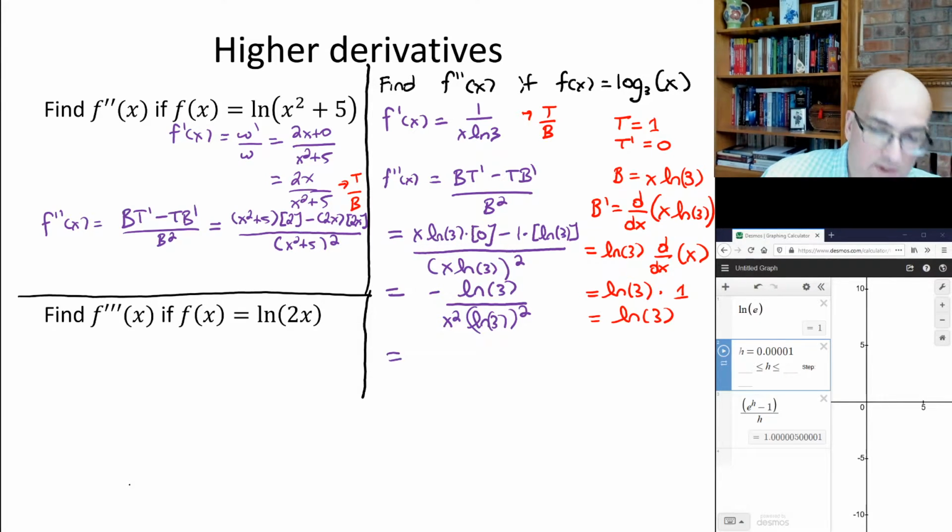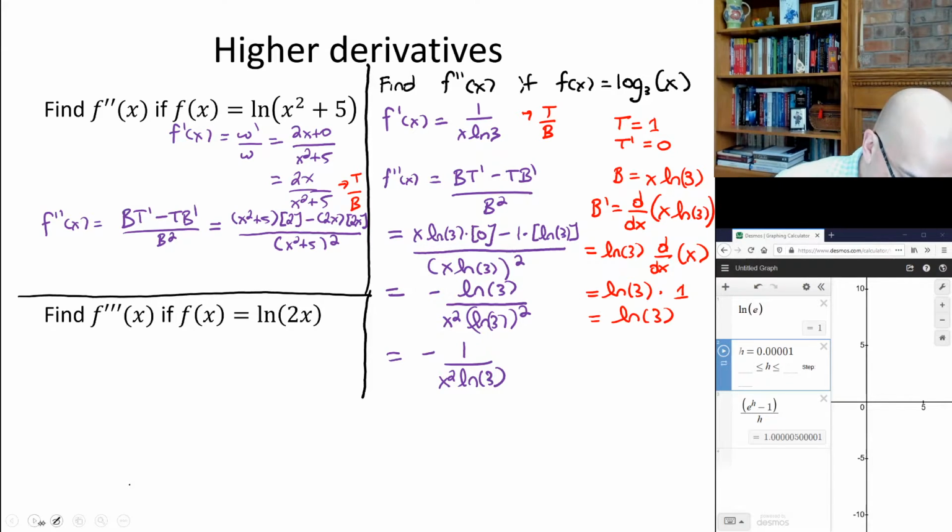We have a ln 3 on top, ln 3 all squared on the bottom. We can cancel, so we have minus 1 over x squared ln 3. I'll circle the final answers for these things.